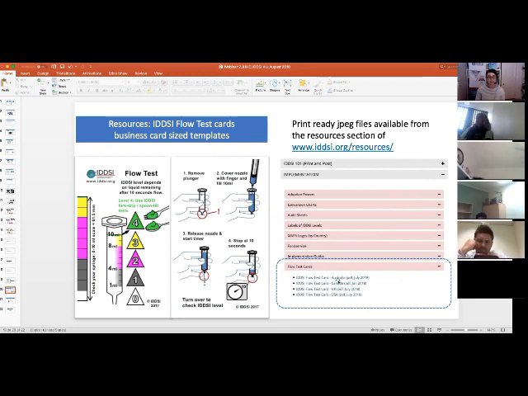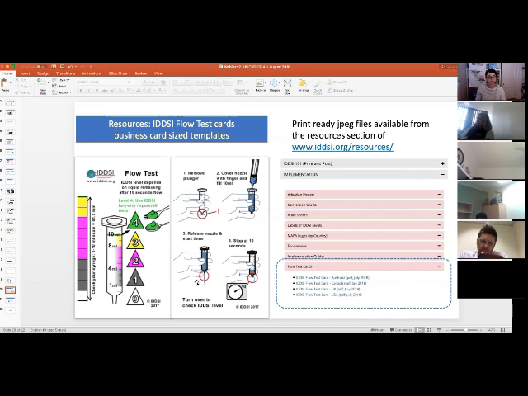We've also discovered that there's no standardisation in business card size around the world, so we've got different ones for Australia, Canada, the UK and the USA. If you click on the Australian PDF, you'll be able to download that, and then you can take that graphic to your printer of choice and print a series of flow test cards that can be quite handy.